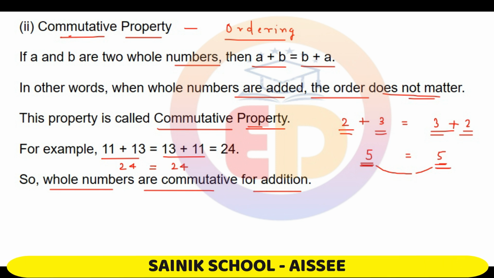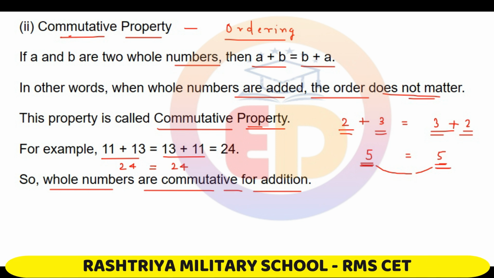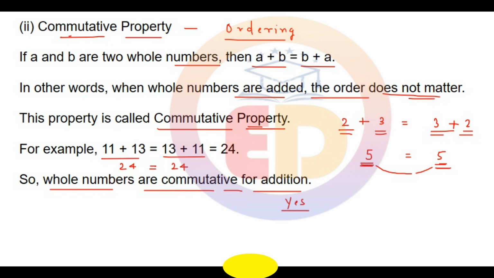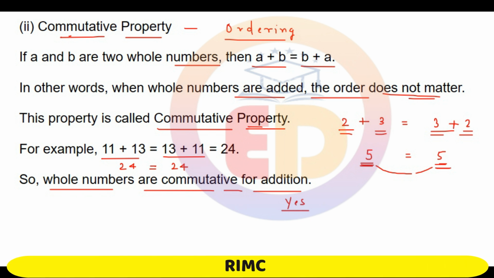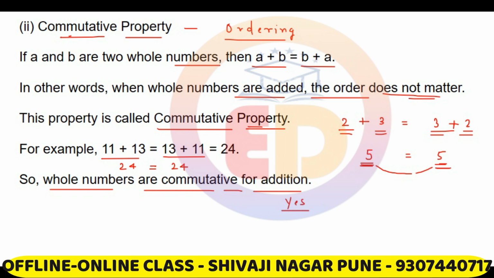They can ask you as a true-false question, are whole numbers commutative for addition? Yes, the answer is yes. Which of the following sentences is true? Whole numbers are commutative for addition, so this will be true. Commutative property, once again, is an ordering property in which the order of the numbers, even if it is changed, the final answer remains the same.